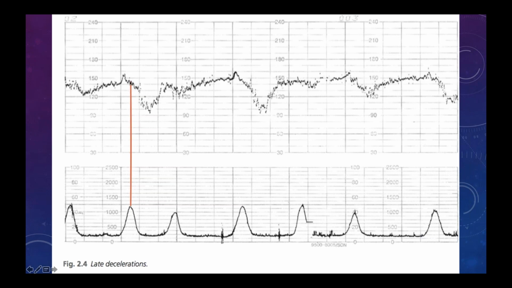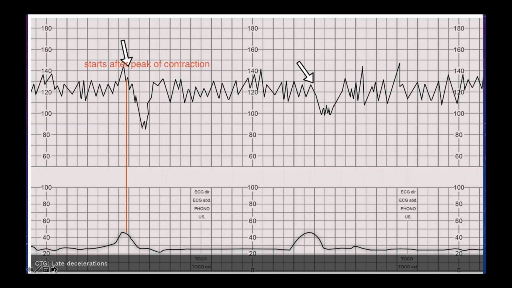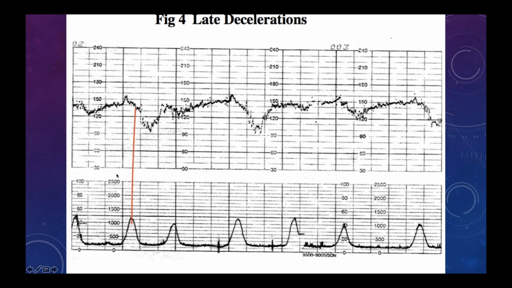They are almost uniform in their shape and depth. Now this is again a late deceleration. This is the peak of contraction. Deceleration starts here, but it ends here when the contraction has already passed off. This is again a late deceleration.